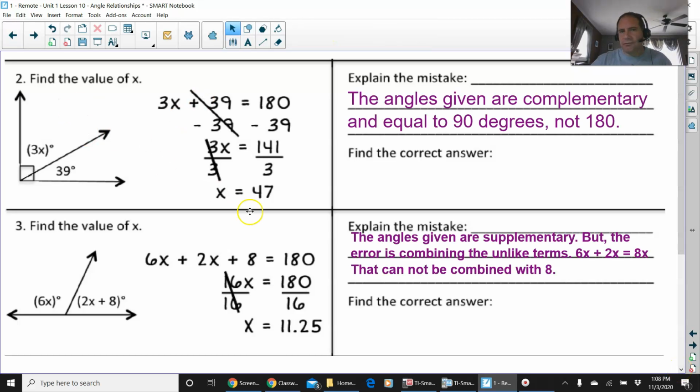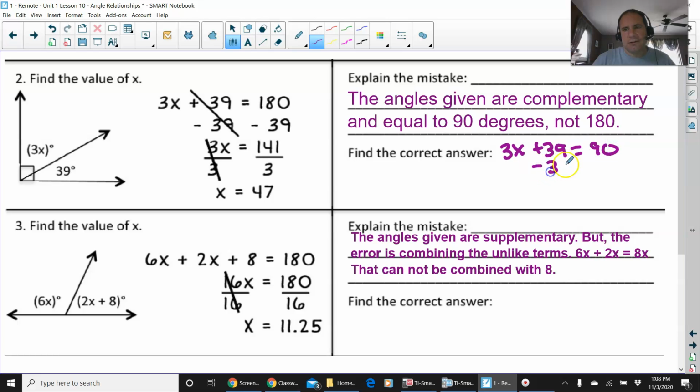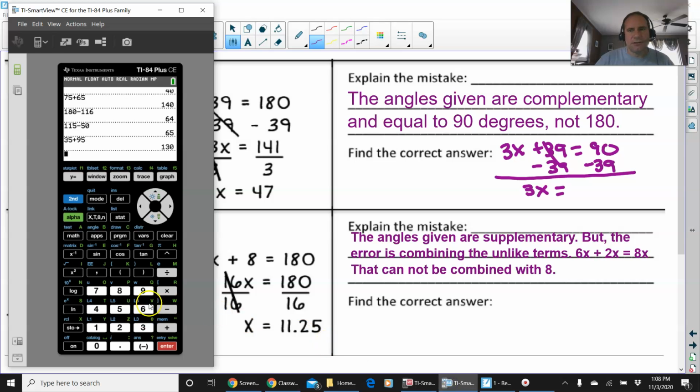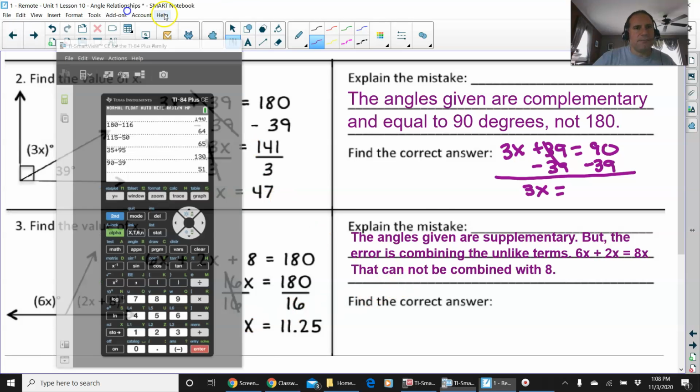Okay, here we go. So find the correct answer. Number 2, the angles are complementary and equal to 90 degrees. So you take 3x and add it to 39 like they did, but it's not equal to 180. It is equal to 90 degrees. So when you set up your equation, it's equal to 90. You subtract 39 from both sides, so you have 90 minus 39, and that equals 51.